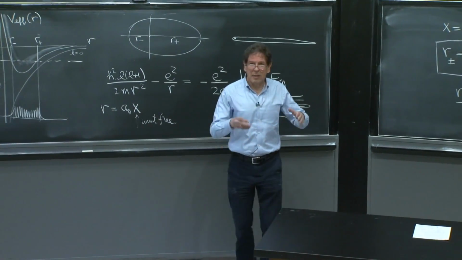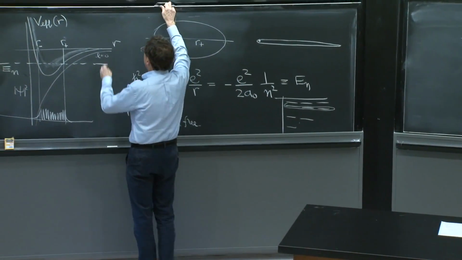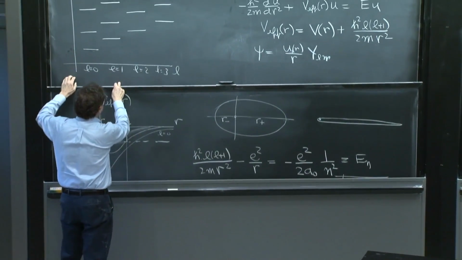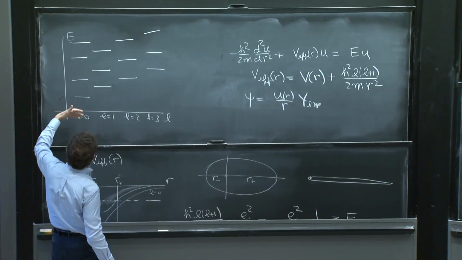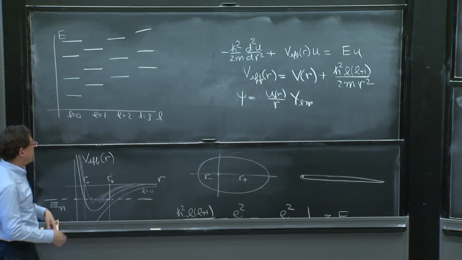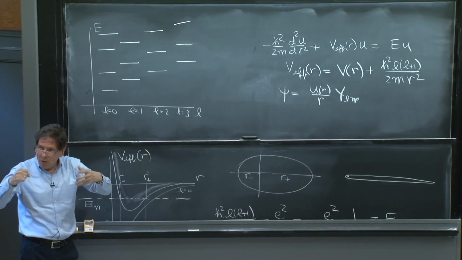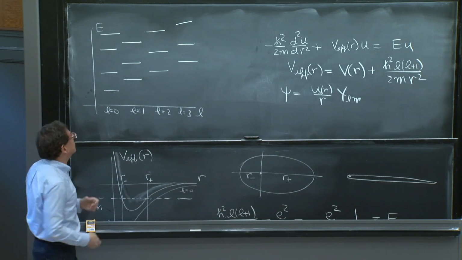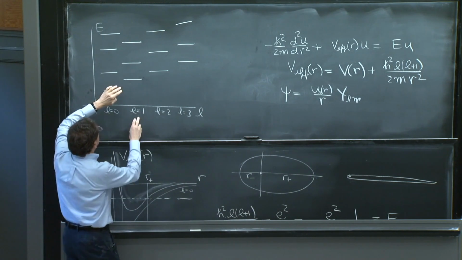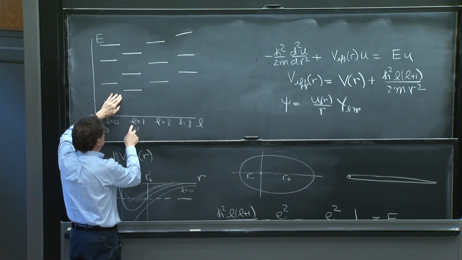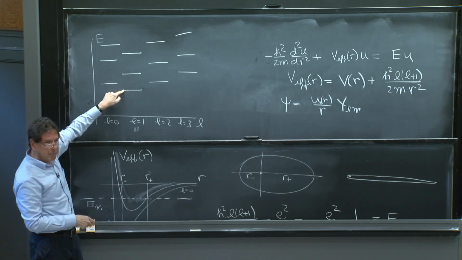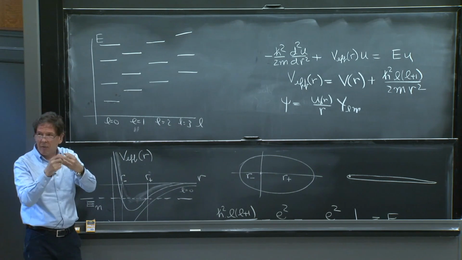Now, these degeneracies, I want to just finish up by emphasizing what you have here. When somebody asks, what is the number of states you have here? Well, you have to be a little precise on what you're counting. The number of full physical states of the quantum system is 1 here, 1 here, 1 here. But each one of these corresponds to L equals 1. So each one of these is triply degenerate because M can be minus 1, 0, and 1.